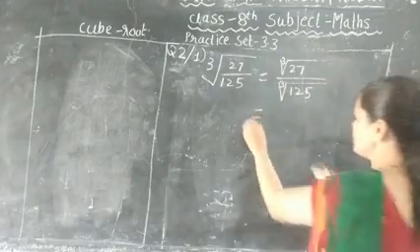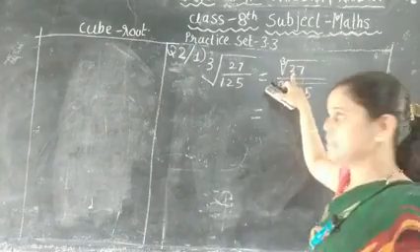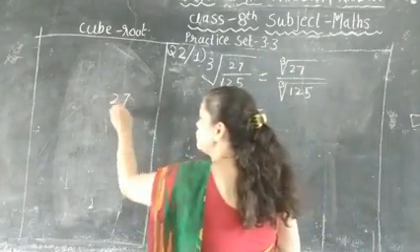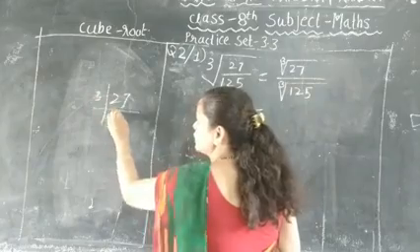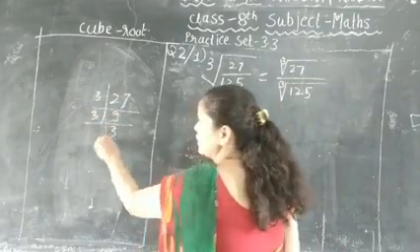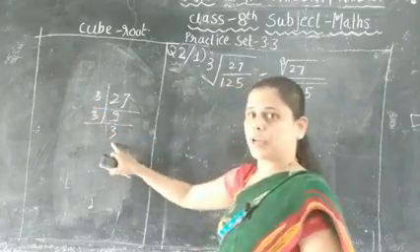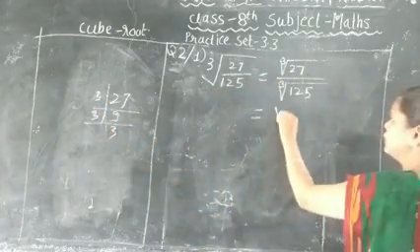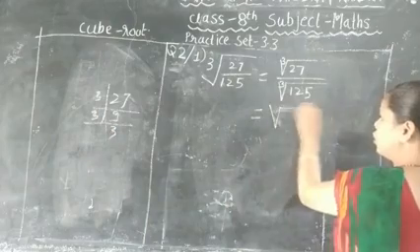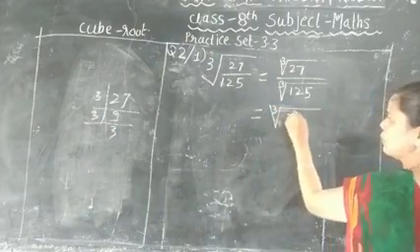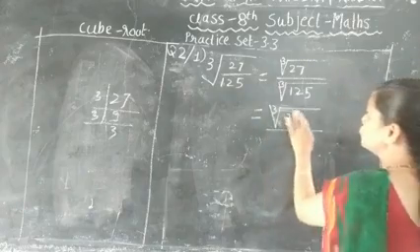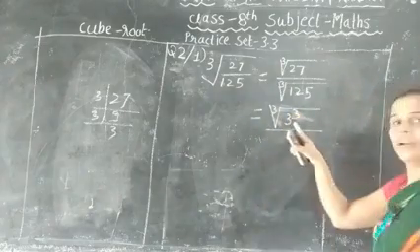Then our next step is to find the factors of 27. 3 9s are 27, then 3 3s are 9. That means 3 into 3 into 3. So you can write here the cube root of 3 raised to the power 3.